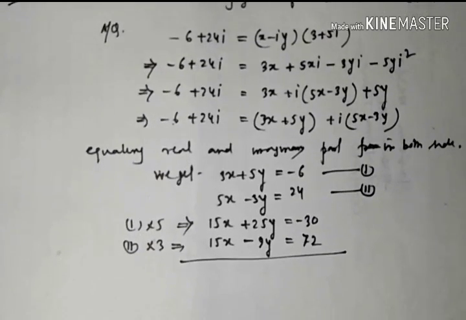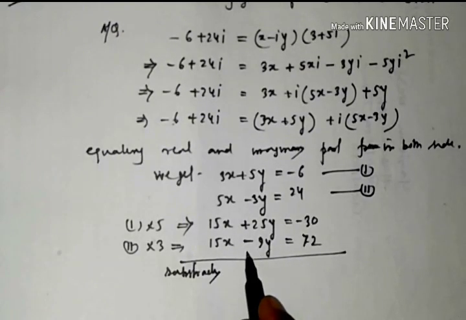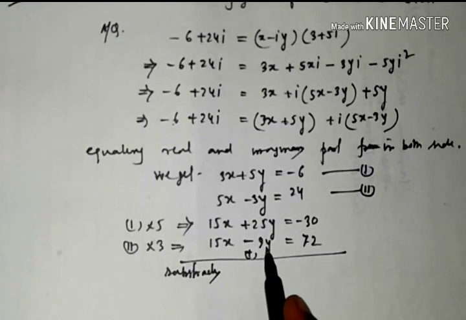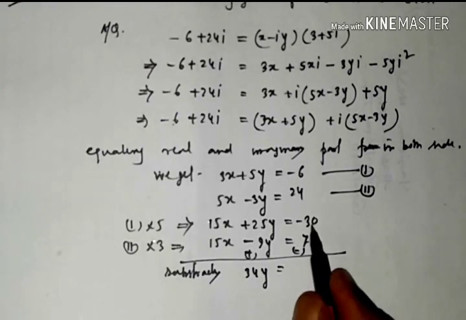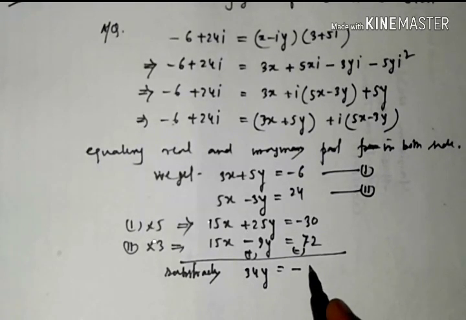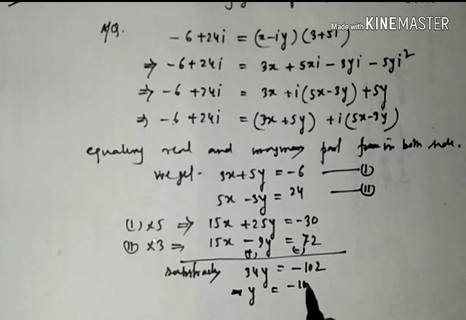Subtracting this, we get plus 25y plus 9y, that is 34y, and this will be minus 102. This implies y is equal to minus 102 by 34, minus 3.